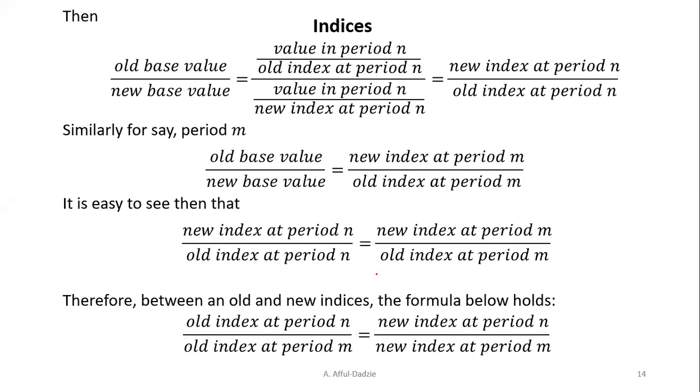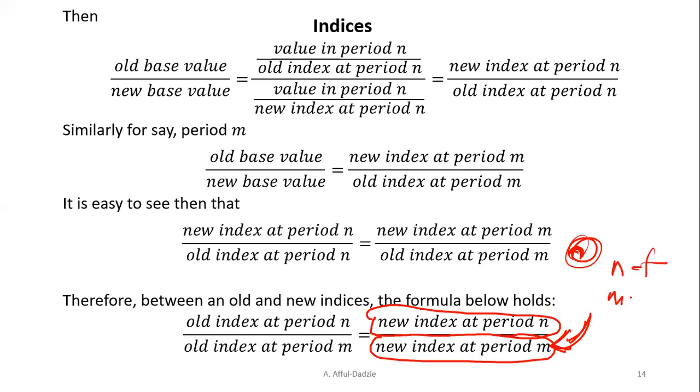If we are doing this comparison, then we will need the new index at period N divided by the new index at period M. So period N is a future period or the current period of interest, and period M is like the old period. Think about it like this: maybe N is the future we don't know, and M is the now that we know, something we have some information about.